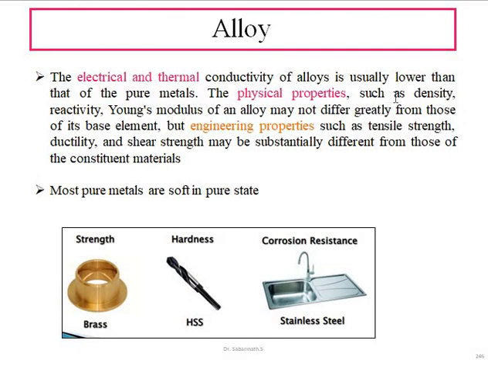Whereas physical properties such as density, reactivity, and Young's modulus may not differ much. So what is the benefit of adding these foreign particles or making an alloy? The engineering properties such as tensile strength, ductility, and shear strength will greatly differ.